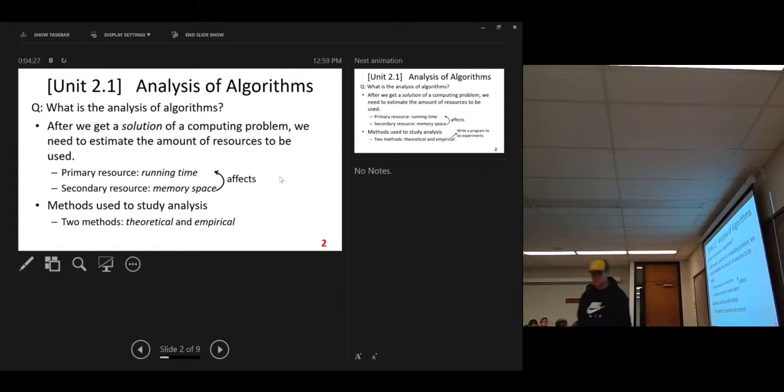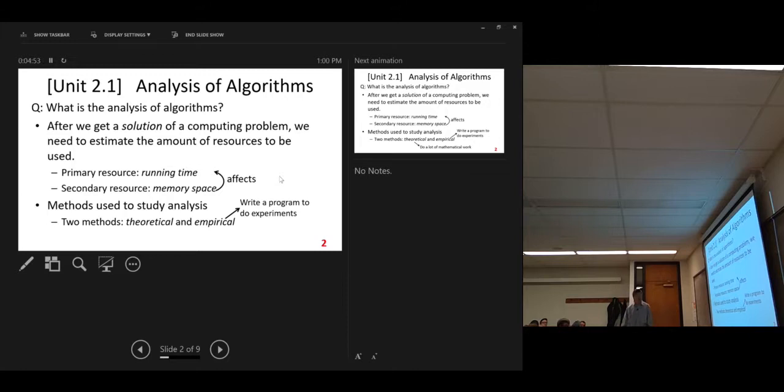We need to write programs, run our programs and see the results. For example, when you count the number of comparisons, in our program we can also count the number of comparisons. So we can see how many comparisons we need to run this program. That kind of thing is empirical. So write a program to do experiments.